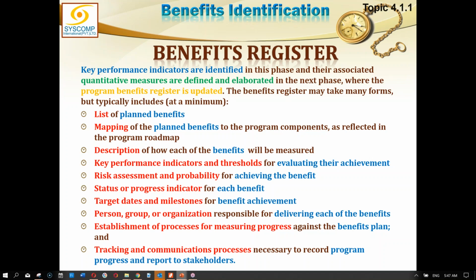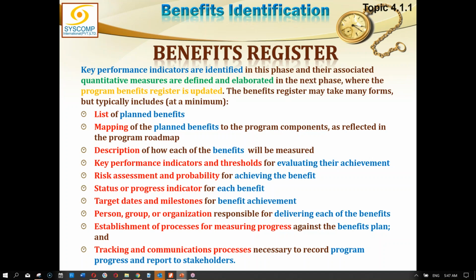Once again, please do not think that this huge document is to be created. The benefit register may not include all of these details, but you can make columns for each one of these items or attributes and may not fill them all in the beginning when the benefit is being recognized or identified. Later on, when that information starts becoming available, you may fill them in.